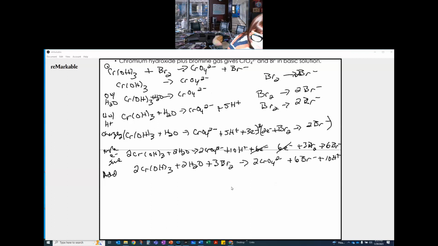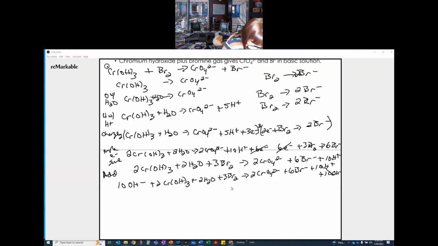The way we're going to fix that is to add the same number of hydroxides as we have H plus. So we have 10 H plus over here. We're going to need to add 10 OH minus to both sides: 10 OH minus plus 2Cr(OH)3 plus 2H2O plus 3Br2 gives me 2CrO4 2 minus plus 6Br minus plus 10H plus plus 10OH minus.